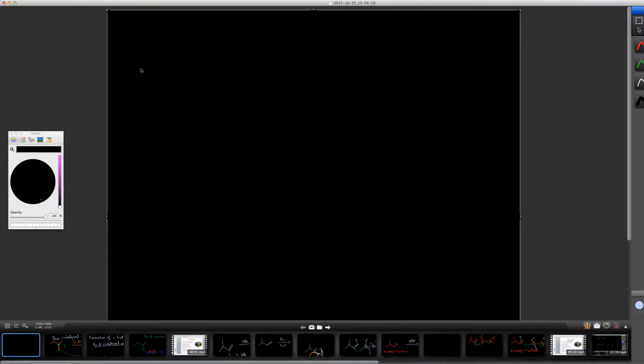And again, to be consistent, I'm just going to use the same carbonyl. I'm going to use HCN.